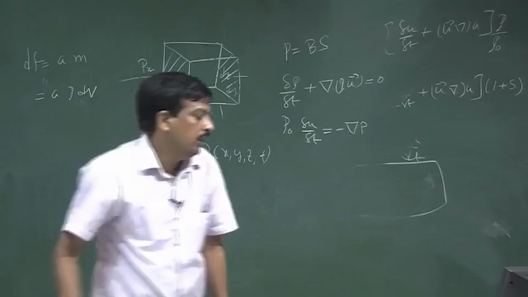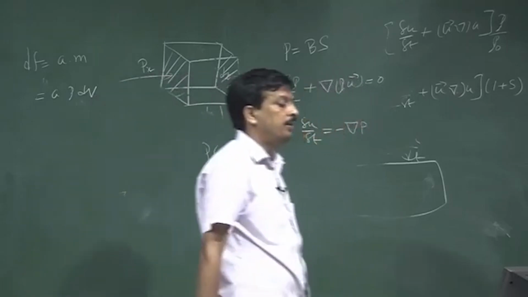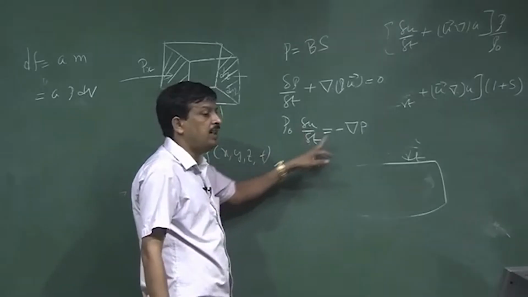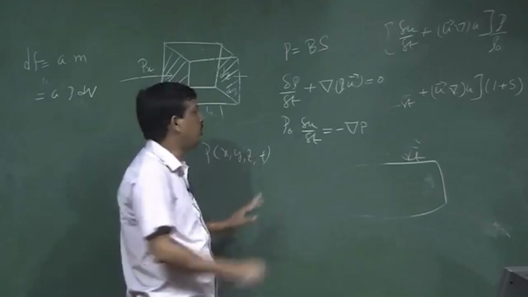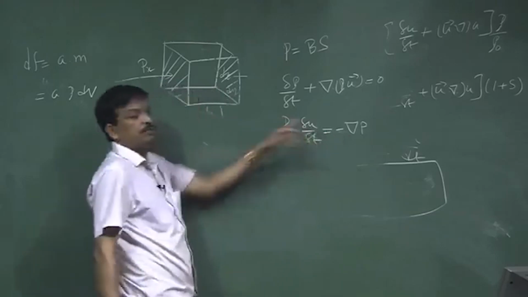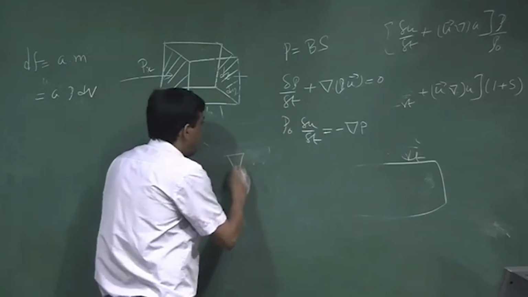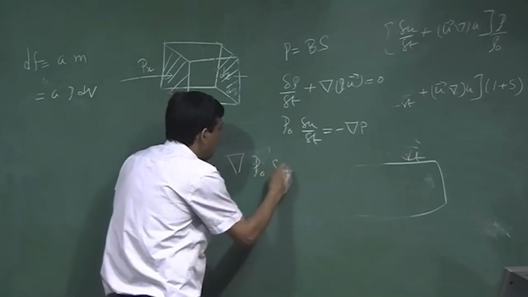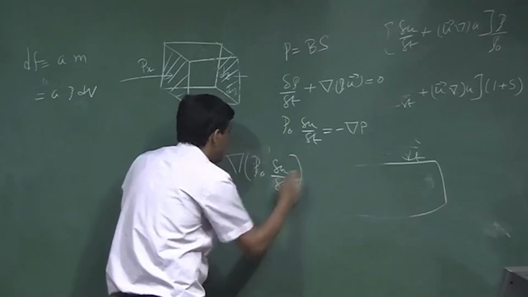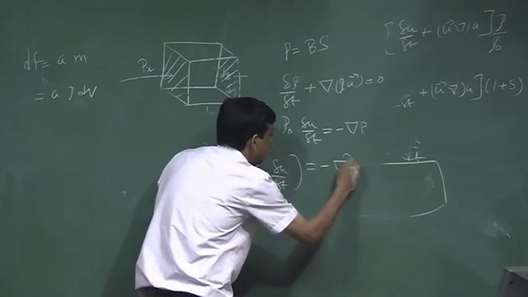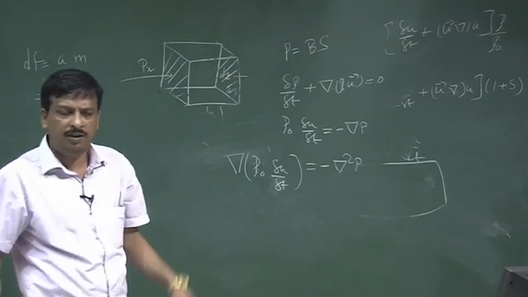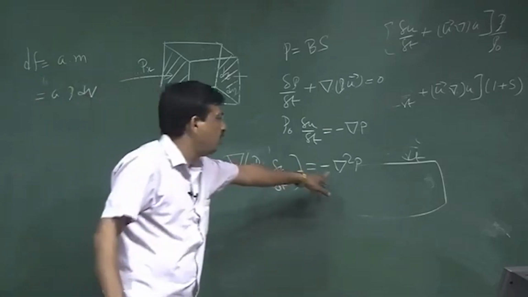Okay. Now, see this equation: rho 0 del u by del t equals minus del p, the equation of force. If I take the divergence on both sides, I get divergence of rho 0 del u by del t is equal to minus divergence of del p. Okay or not? Take the divergence on both sides. What is this del square called?